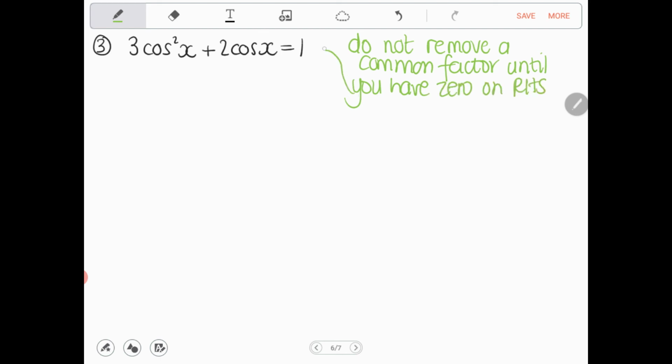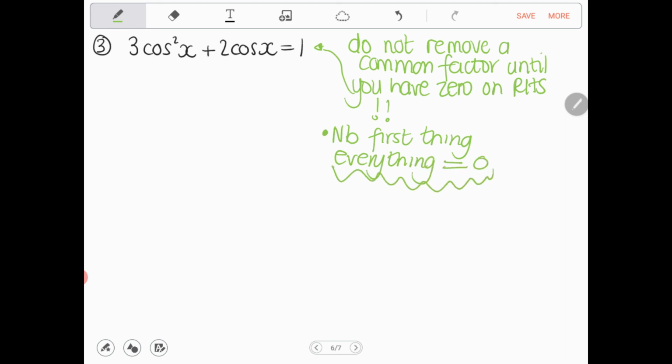Okay, so this one is a naught. Sorry, this one is a 1. So we can't take out a common factor. So the first thing you do is you make everything equal to 0.